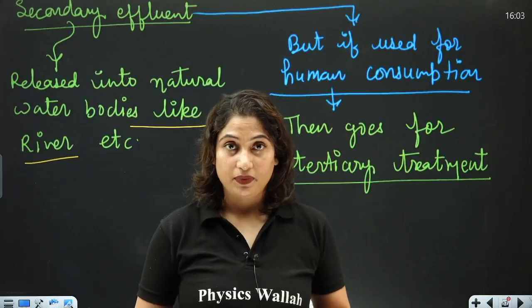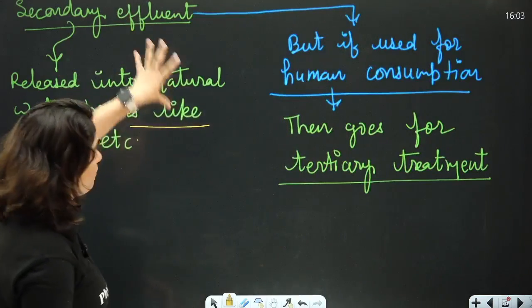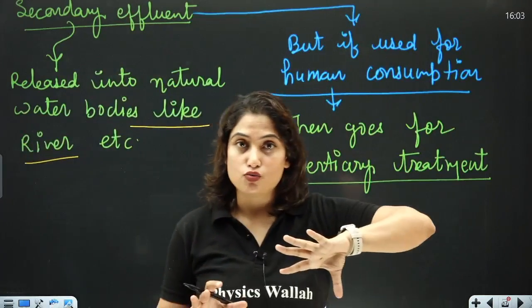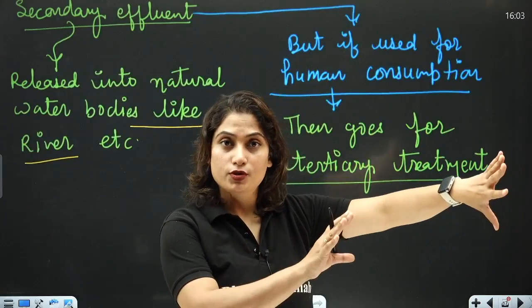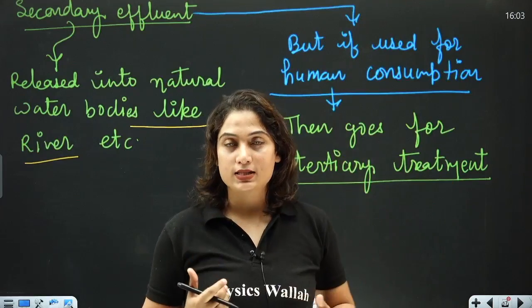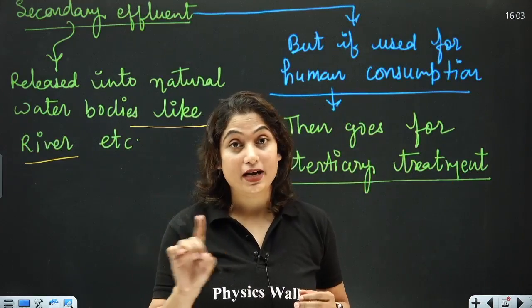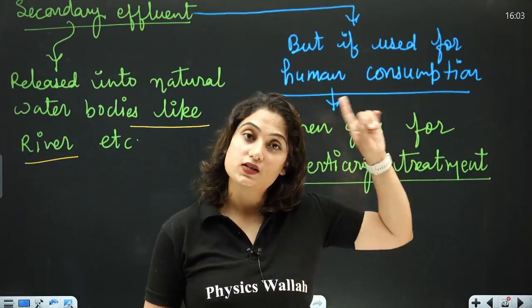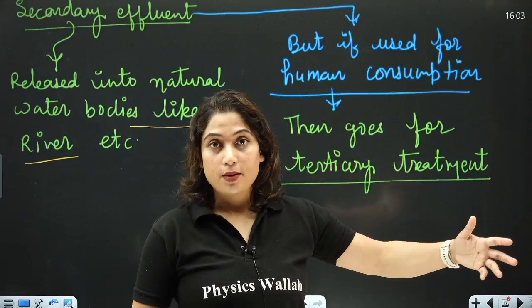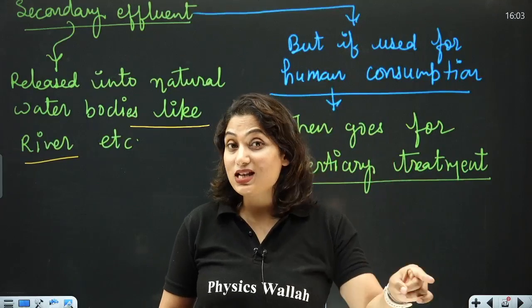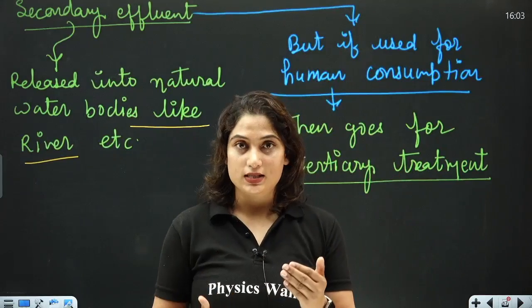But if this secondary effluent has to be sent to homes for human consumption, then it is not ready. It is ready to be added to the rivers, but still not ready for human consumption.